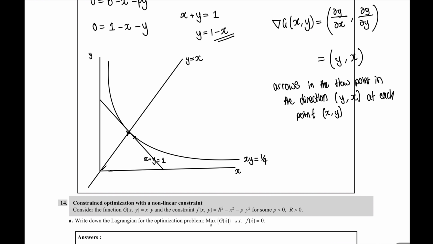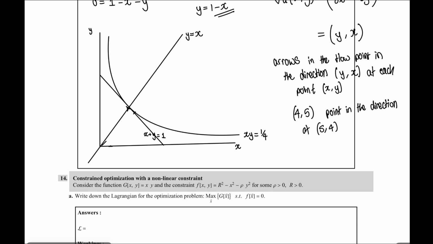Now let's say we had a point 4, 5. This is going to point in the direction of 5, 4. So we start at 4, 5 and draw an arrow pointing towards 4 plus 5, 5 plus 4, which is equal to 9, 9.